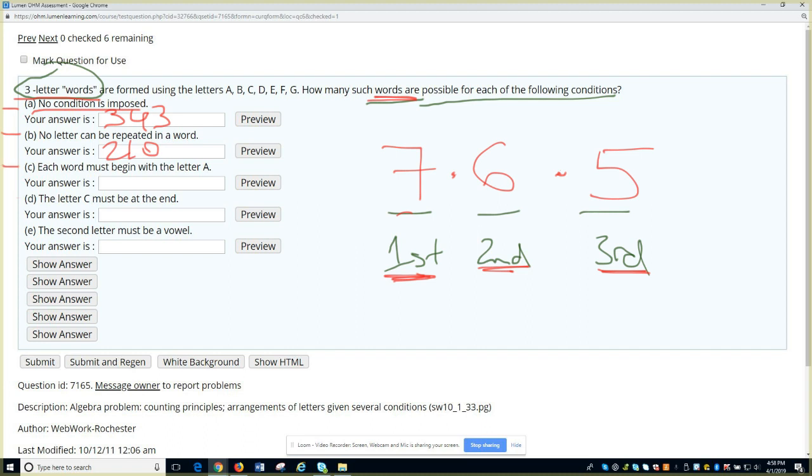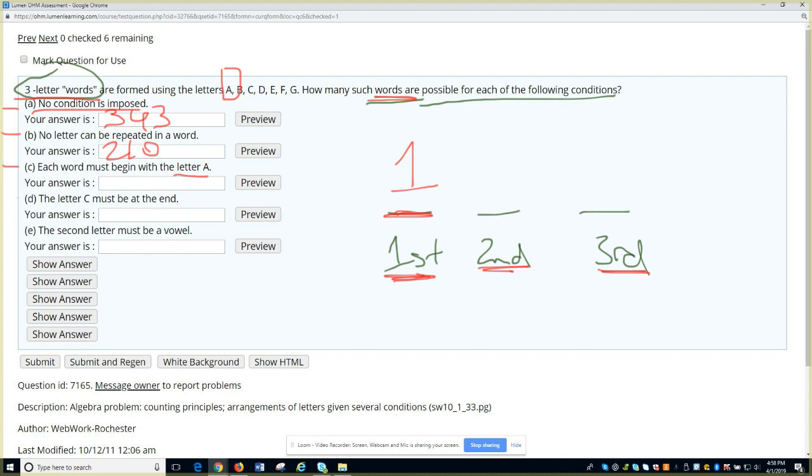Now, the third situation says that each word that you're going to make has to begin with the letter A. Since the first letter has to be letter A, and there's only 1 letter A in our list of letters, you only have 1 option for your first choice.